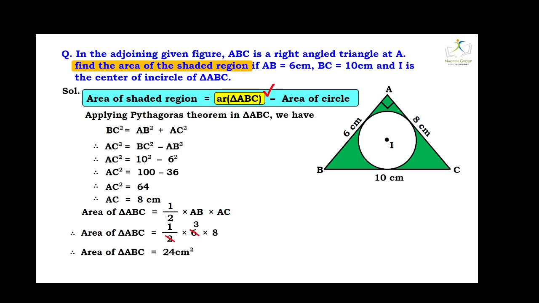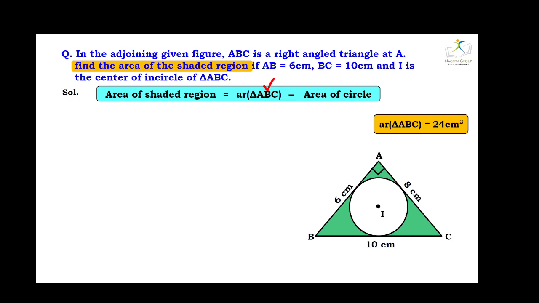Good. But for the area of the circle, we have to find the radius of the circle first. We have to think how to find the radius of the circle. And I know that if you put a perpendicular line from the center, BC is the tangent, and a tangent is always perpendicular to the radius.